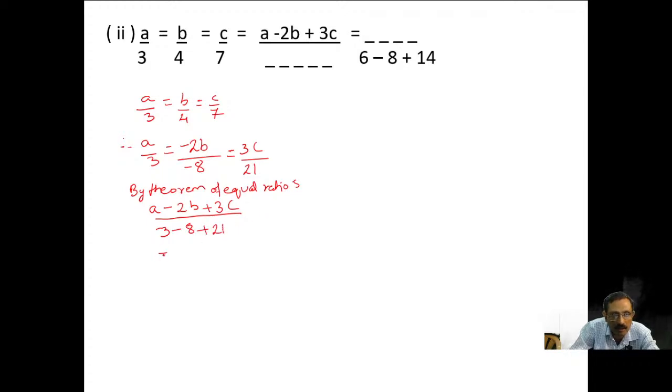Now this is equal to a minus 2b plus 3c upon, now you have 3 plus 21 gives me 24. Out of that 24, when I remove this minus 8, I will be getting 16.